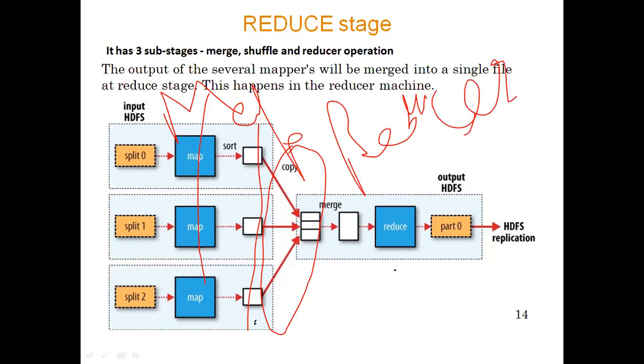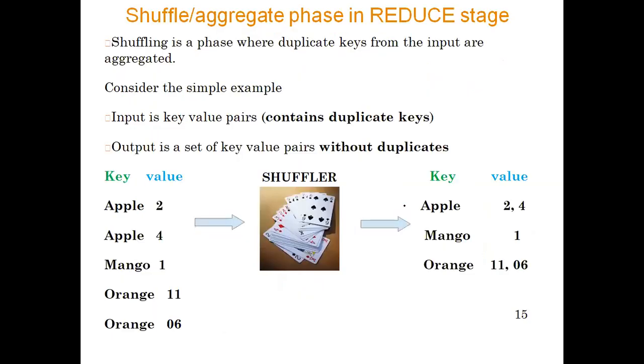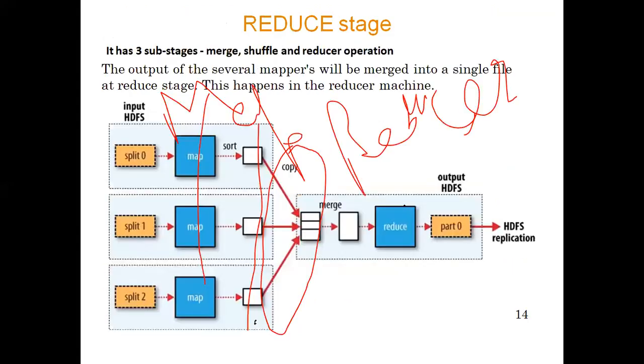The reducer also has 3 stages: merge, shuffle, and reduce. The first substage in the reducer is the merge stage, where the intermediate output generated by each mapper, as and when completed, is merged one after another to make one single large file.